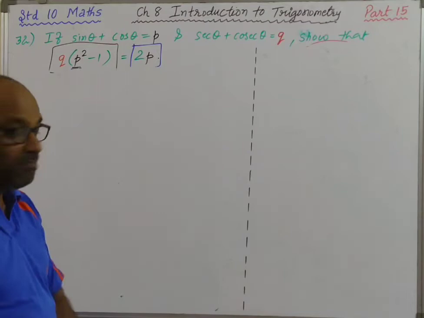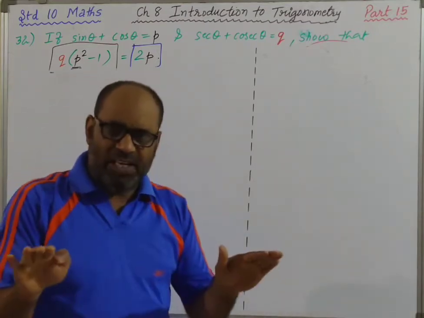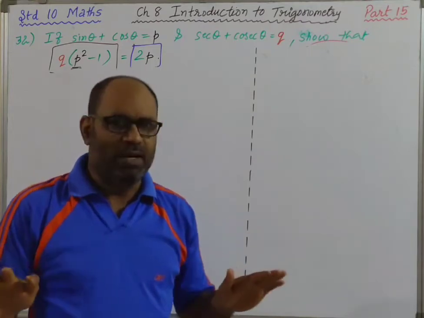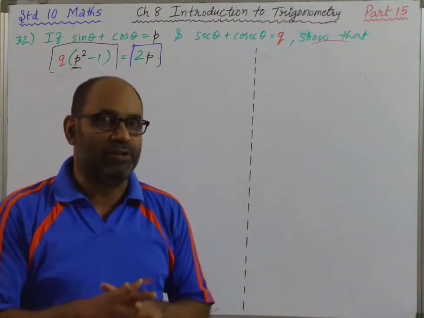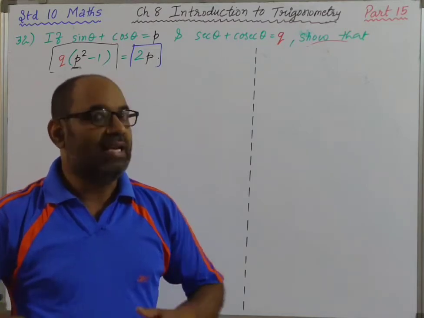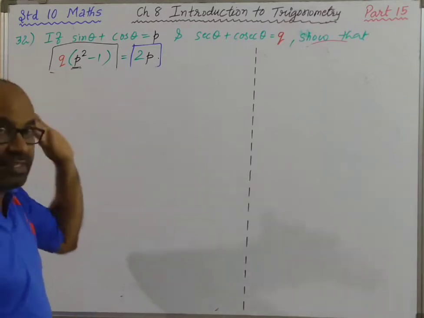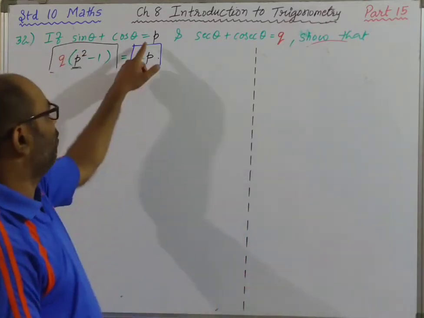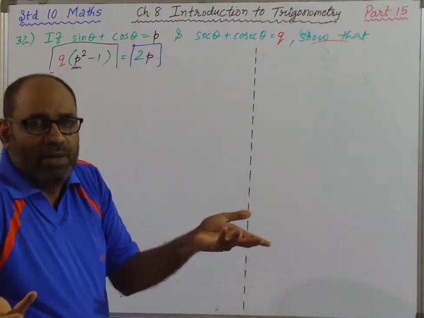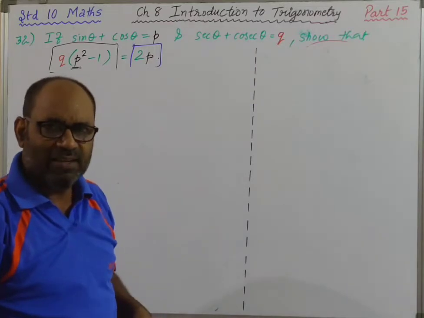In this method, the simplification is going to be similar to what we did in the first method, but only the technique is going to be different. Here we are a little bit more skillful, and if you remember in the 31st sum, the second method, where we substituted the value of whatever variable we had, here we have value of p and q, we can substitute that.